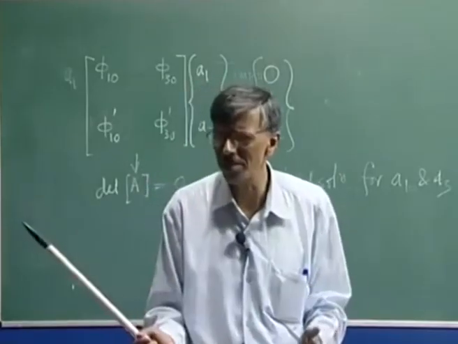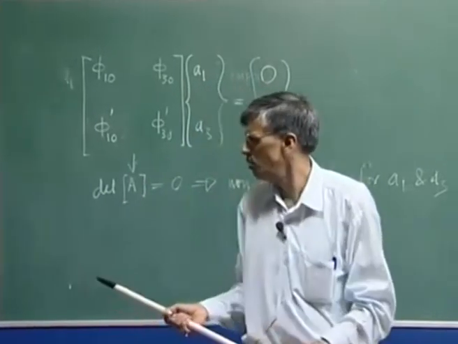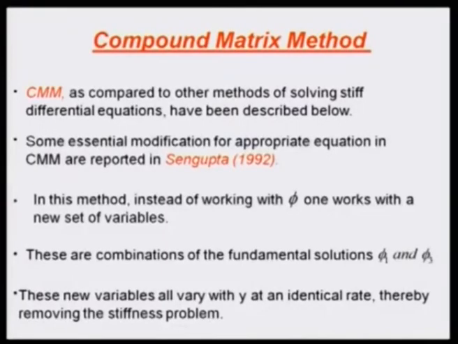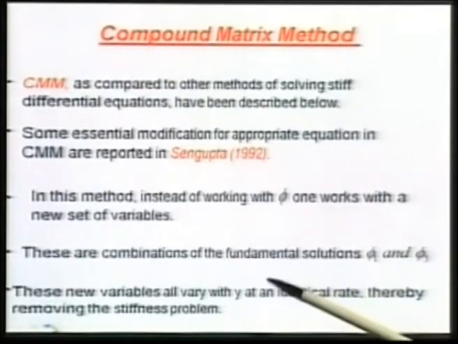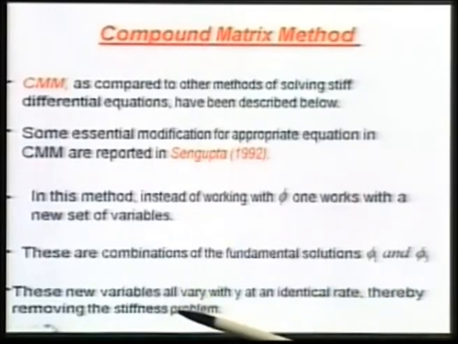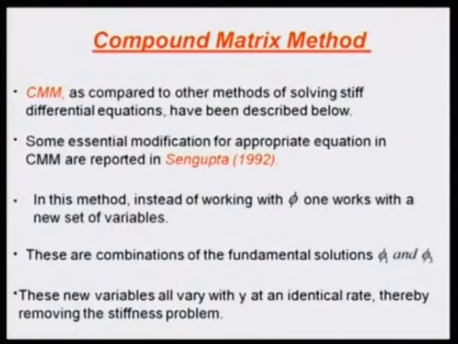Okay. This is the basic philosophy, very simple. So, what we are really looking for are some combinations of the fundamental solutions phi 1 and phi 3, and as a result we desire that these new variables should vary with y with an identical rate and help us remove the stiffness problem.